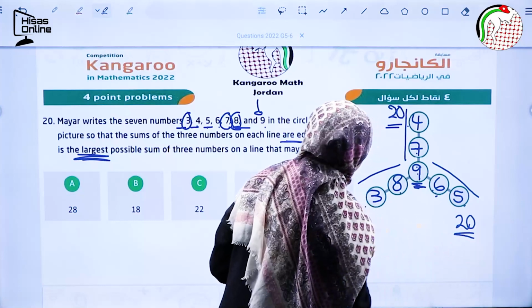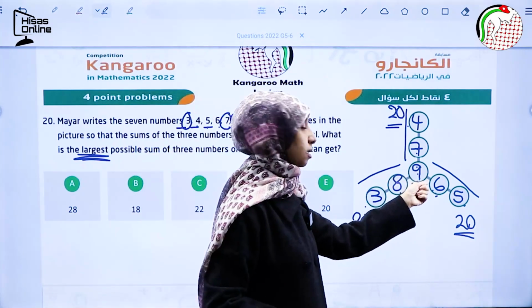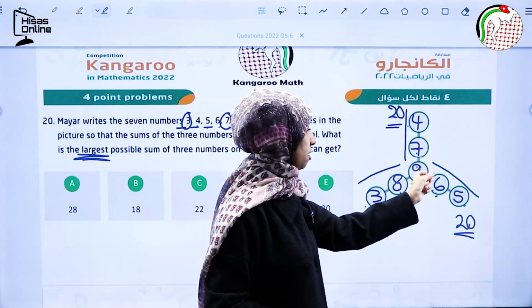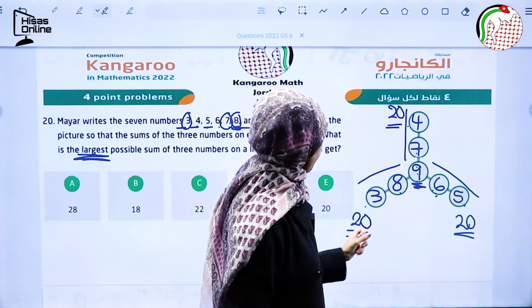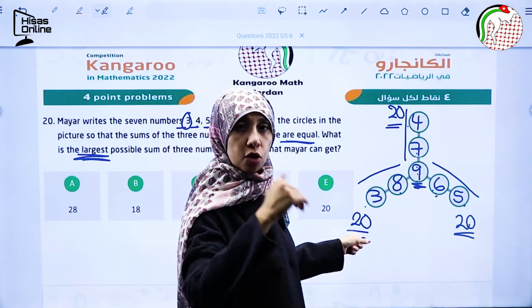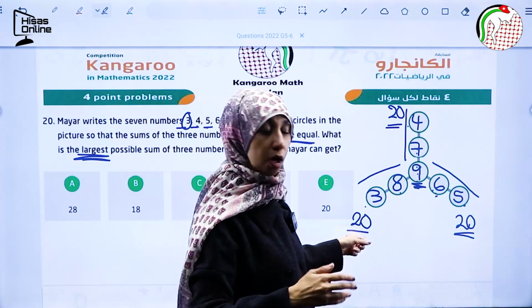Now, if you choose any number other than 9, you can't find a sum like 20. You will have lower than 20. Why?